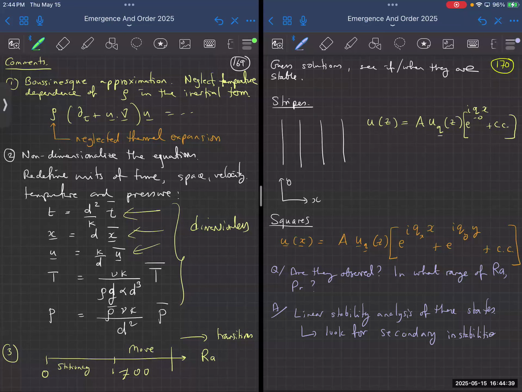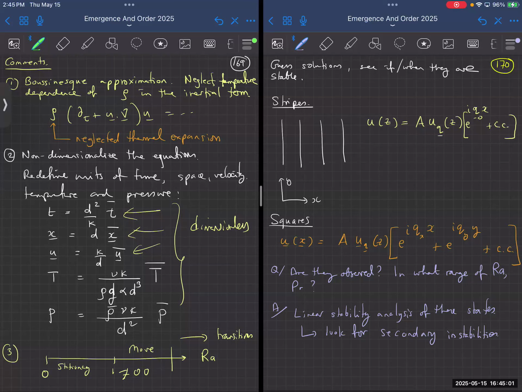Why are they secondary instabilities? Well, the first instability was that the uniform state, the stationary state, broke up into some other state with a pattern, which we're going to have to figure out what it is. And then now we're looking at whether the pattern breaks up. But the pattern is already periodic. So when I look at perturbations about the periodic pattern, what I'm actually doing is Floquet analysis.